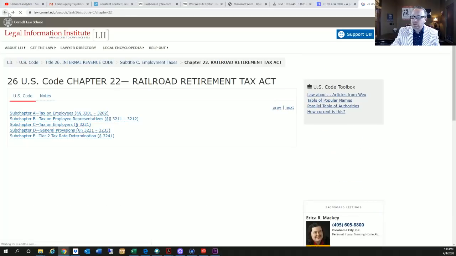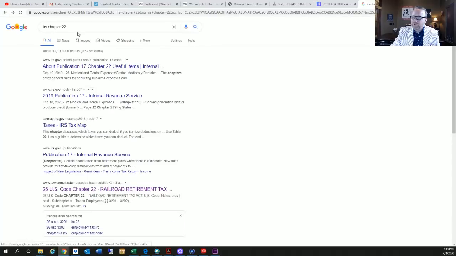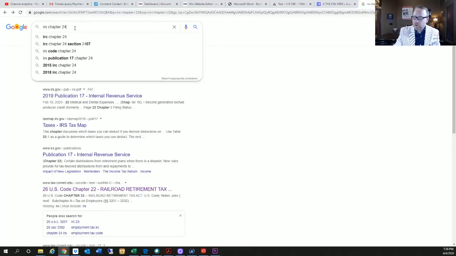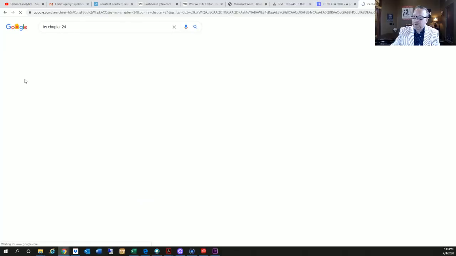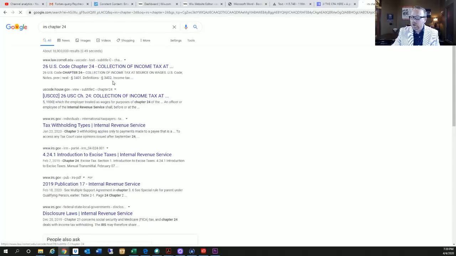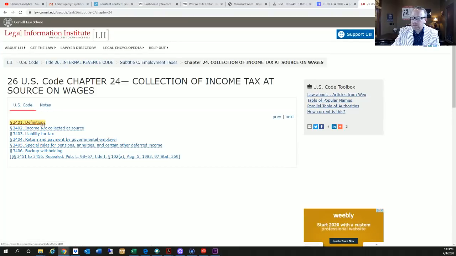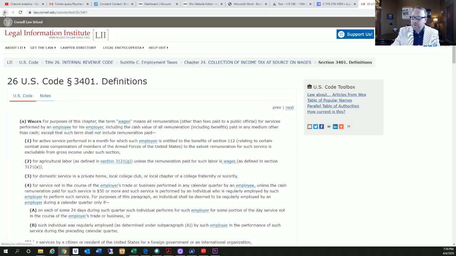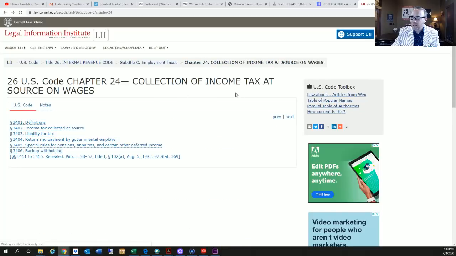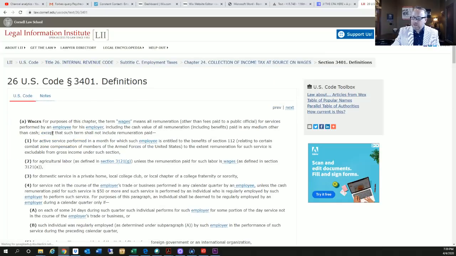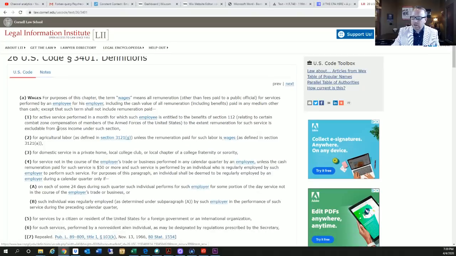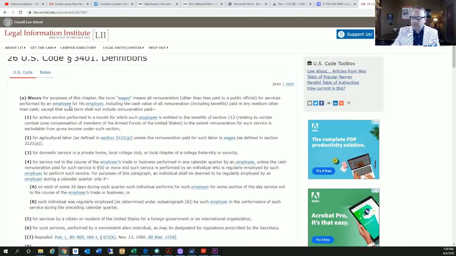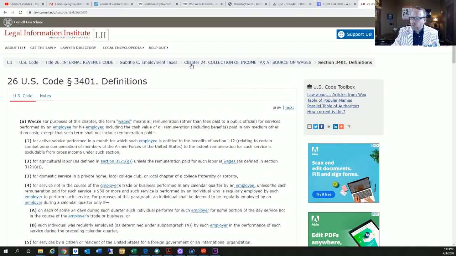And then if we go to chapter 24, because it skips, for whatever reason they don't talk about chapter 23, we go into chapter 24, definitions, and let me back that up. It says collection of income tax at source on wages. Look how it just starts. In chapter 24, it seems confusing that you see a 26 there, but we're in chapter 24.